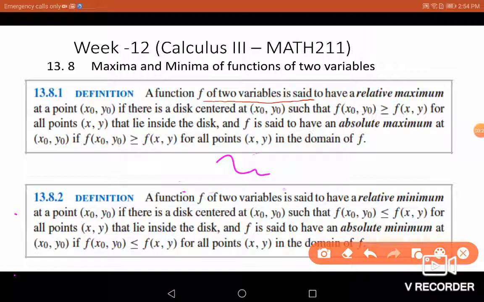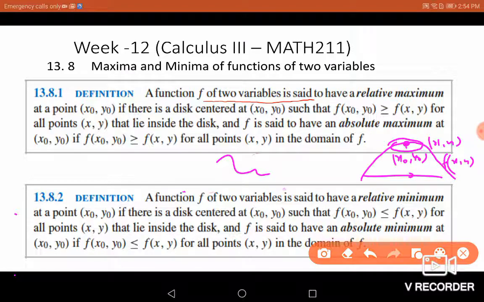If we find such a curve, such a shape, and this is the point (x0, y0) on the ground, then in this locality, for any pair (x, y), the value f(x, y) should be less than the value of f(x0, y0). If the function value at this point (x0, y0) is greater than at any other point in this locality, we call this a maximum. This function has a relative maximum at this point.